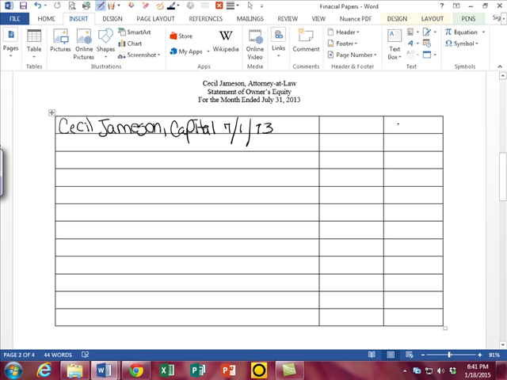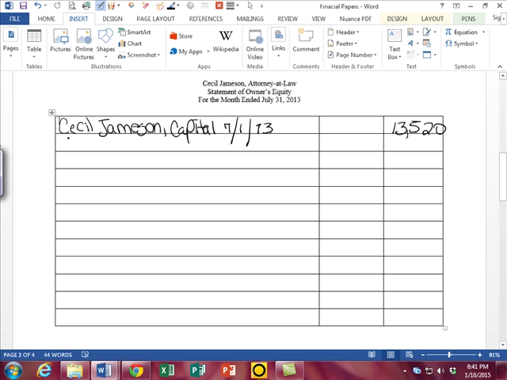And we're going to come all the way out here to the right-hand column, and that is $13,520. Where do we get that information from? The transactions we just recorded. On page 26, if you look all the way at the top, before we did transaction A, you see that the capital for Jameson is $13,520.